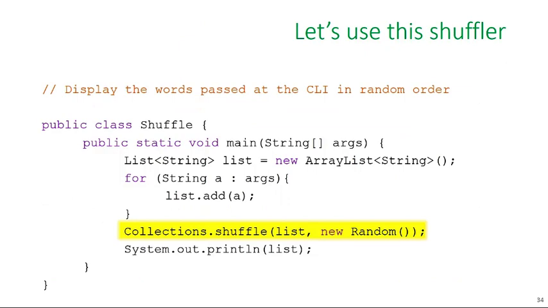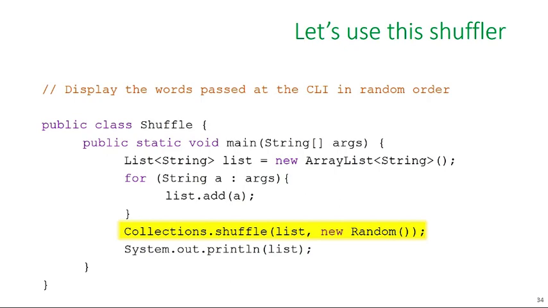So let's use that shuffler we just wrote. We have a public class Shuffle. We are going to take some words from the command line, so we run this program and type a sentence. The program takes everything that was passed as arguments, the words of our sentence, creates a new ArrayList, adds all the elements to that ArrayList, and then uses Collections.shuffle.